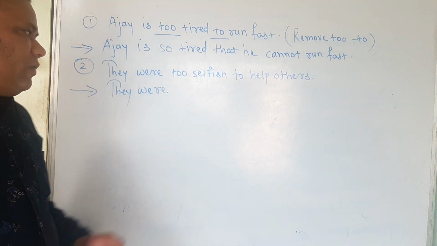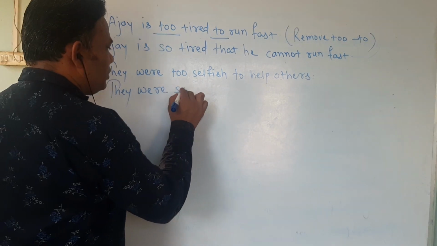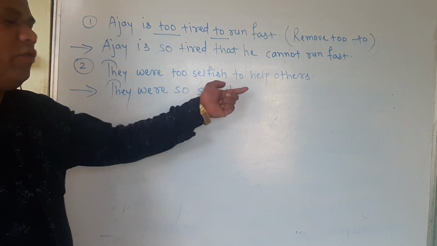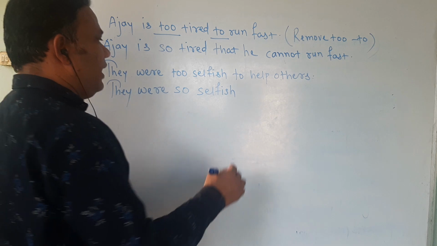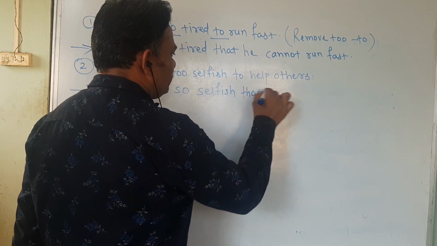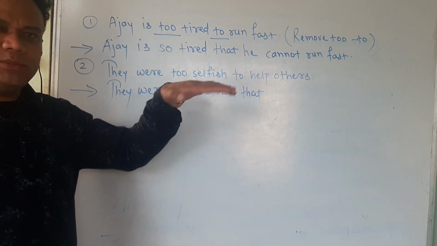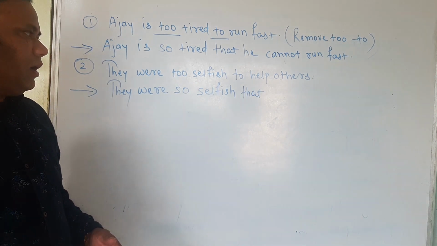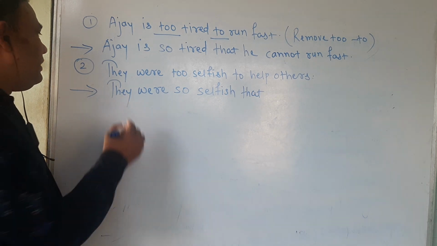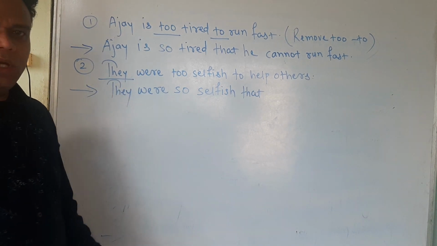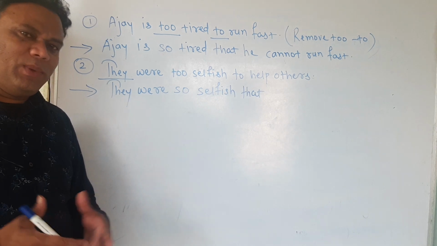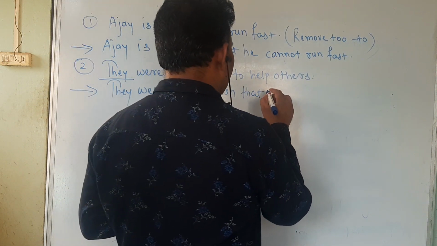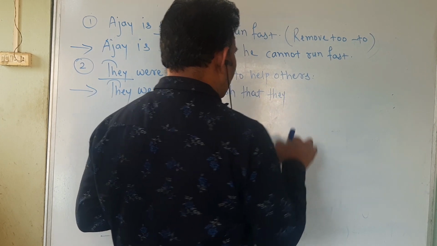TOO2 we have to replace with so, and TO2 we have to replace with that. Now according to the subject of the sentence, we have to use the pronoun he, she or they. But here we find that they itself is a pronoun. If already a pronoun is there at the place of the subject, then same pronoun we have to use. They were so selfish that they.